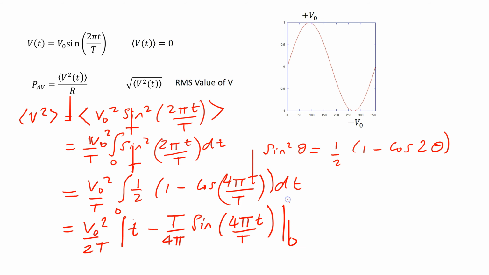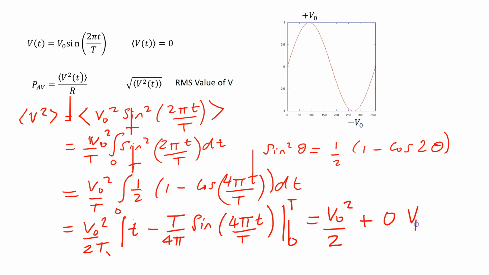And this is going between 0 and T. So the first term pulls out simply a T, which cancels this T down here. And the second term is clearly 0 at 0, and then at T it's the sine of 4 pi, which is also 0.